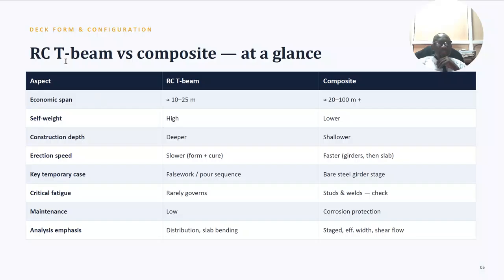Then when you look at the RC T-beam versus composite at a glance: economic span 10 to 25 meters versus 20 to 100. Self-weight high, low. Construction depth deeper, shallower. Erection speed slower, here is faster.